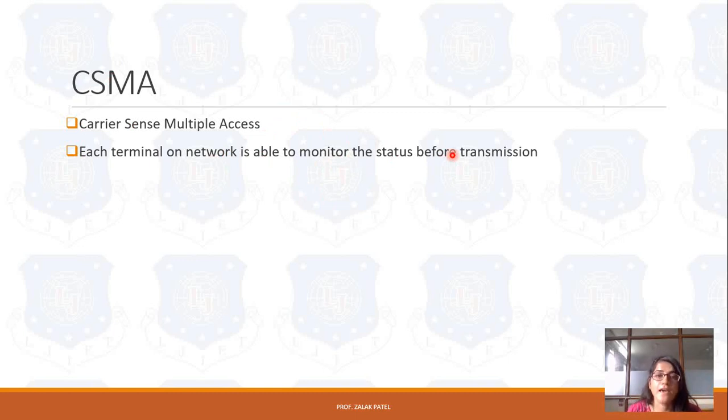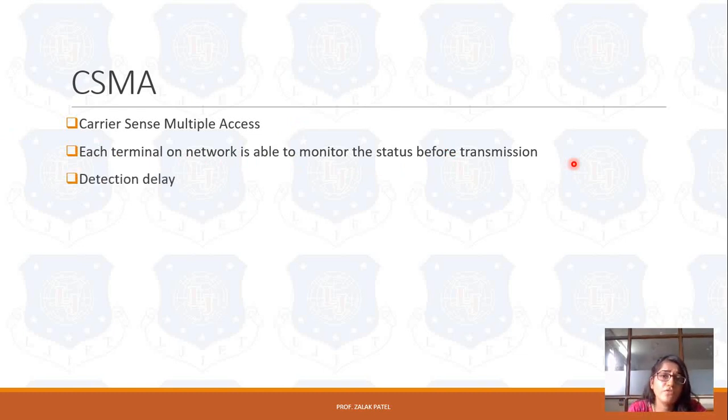It checks whether that channel is available, or whether that particular bit is available for the transmission or not. Once it checks that particular channel or bit, then it transmits to that channel. So each terminal on the network is able to monitor the status before transmission.